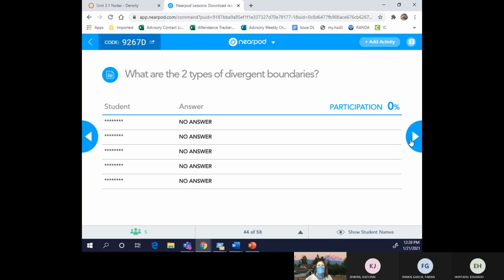All right, what are our 2 types of divergent boundaries?